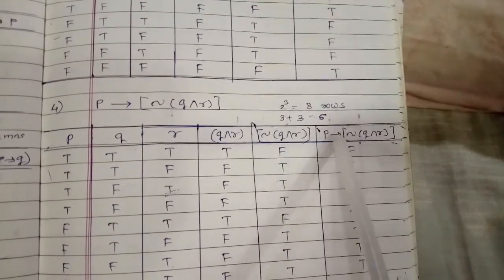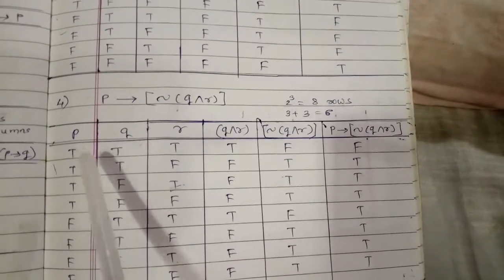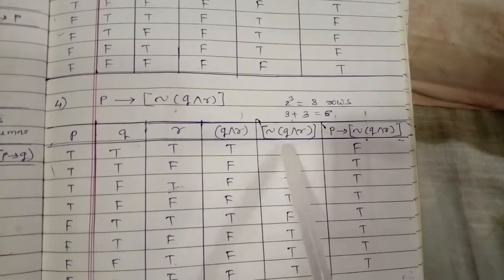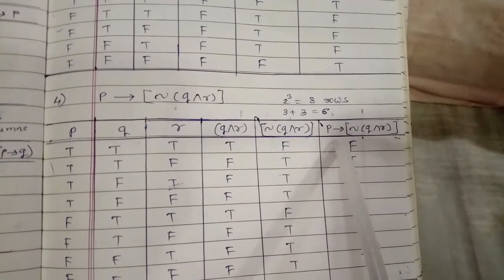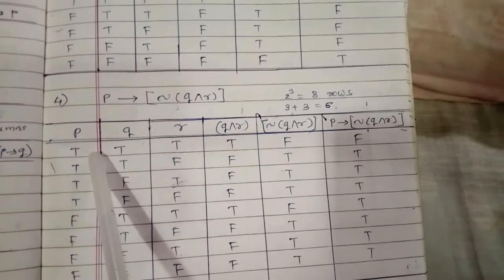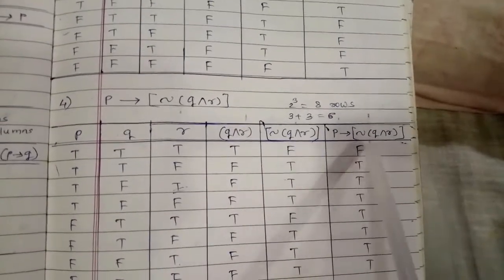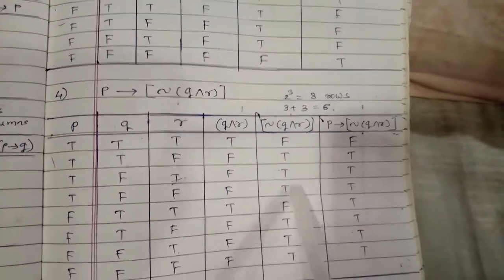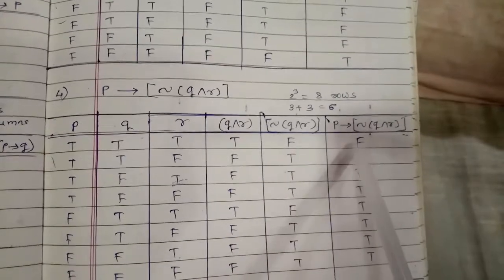What is the rule for conditional? If the first statement is true and the second one is F, then it is F, otherwise it is true. So first we write down false. T, F, then it is false. See, 4 times here T; if there is a false then it is false, but here there is no false. So only the first statement is false and the remaining are true.